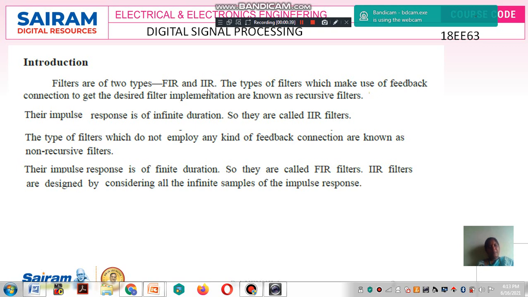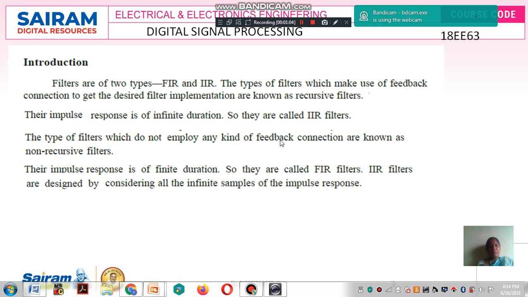IIR means infinite impulse response. IIR filters are also called recursive filters, and this filter has an infinite duration response.